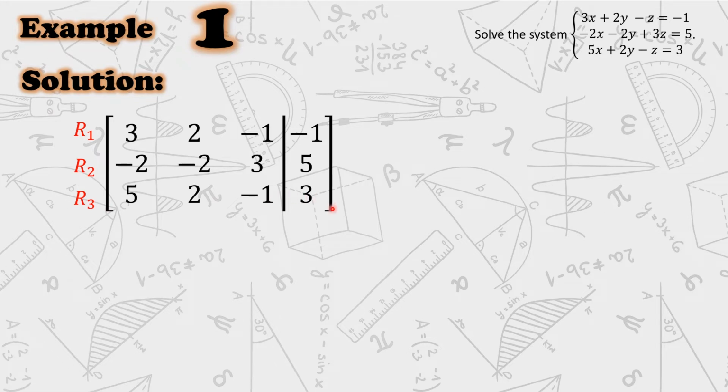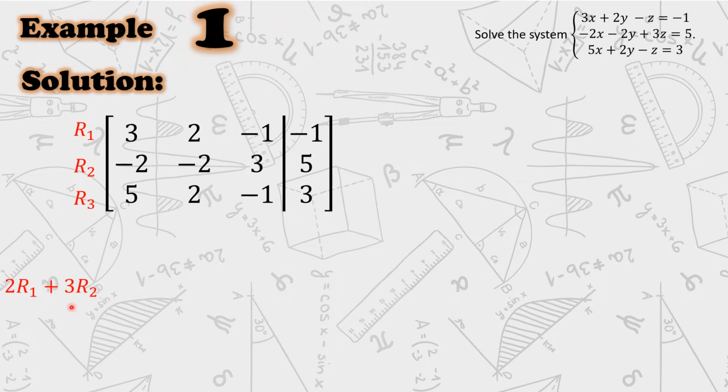This time we're going to perform elementary operations on these rows so that we will have an upper triangular matrix in the coefficient matrix of this augmented matrix form.